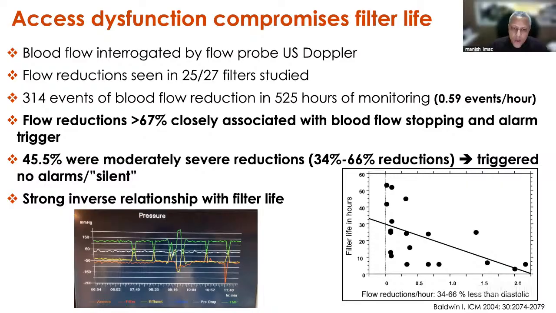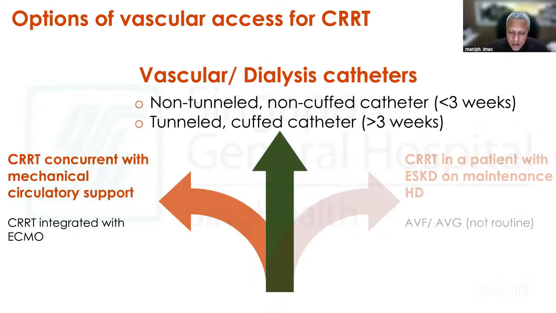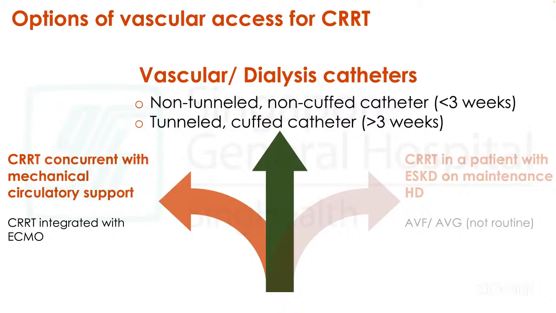So when you have a patient in your ICU who has developed AKI, and you have made the decision that you are going to commence this patient on CRRT, the first and foremost step is to establish a vascular access. As a critical care physician, what are the options available to us?